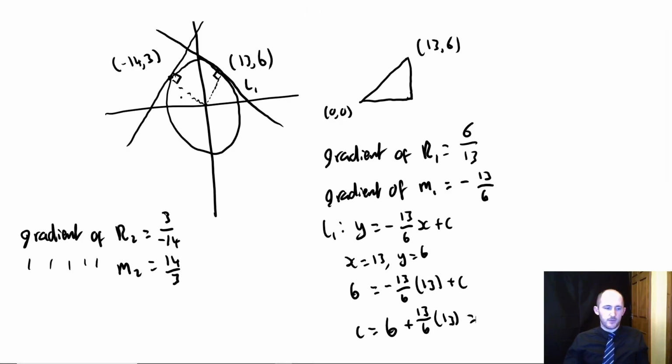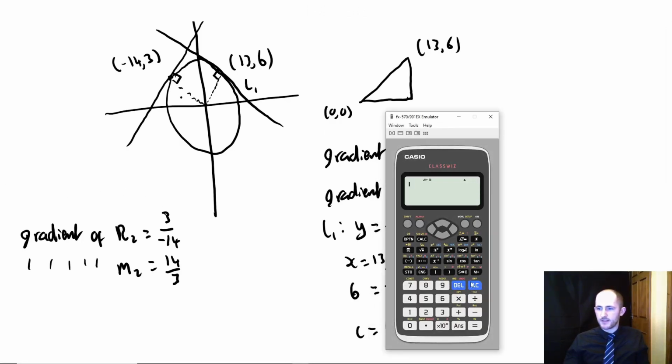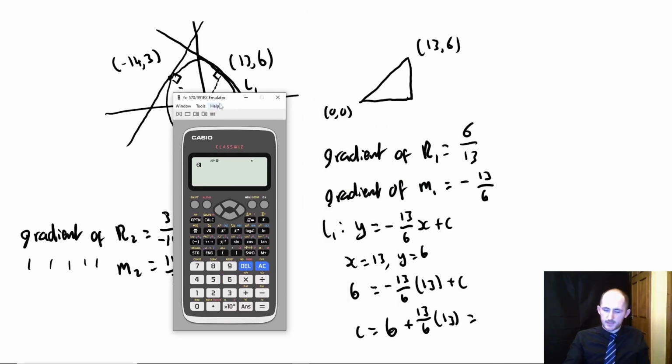Okay, and yeah, I'm going to use a calculator if you don't mind. So 6 plus 13 over 6 times 13. Oh, 205 over 6, really? Alright.